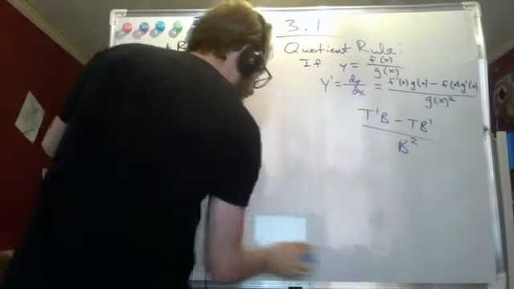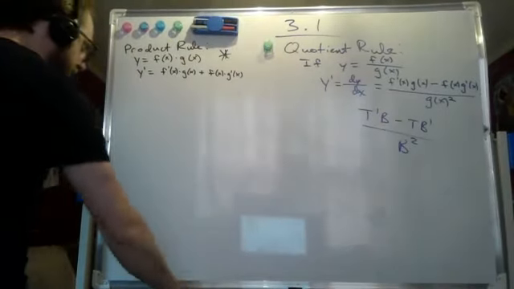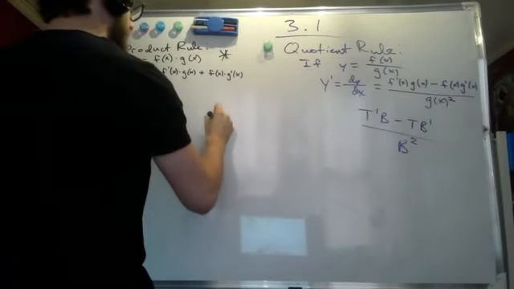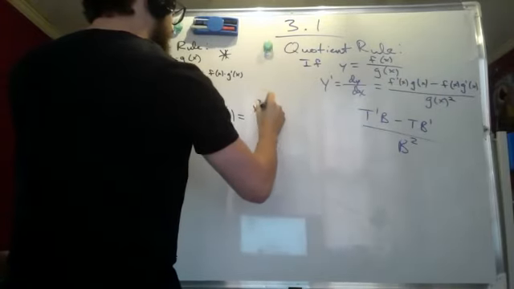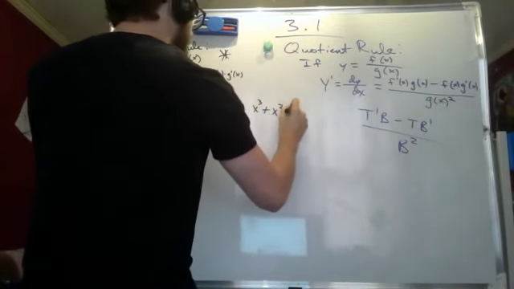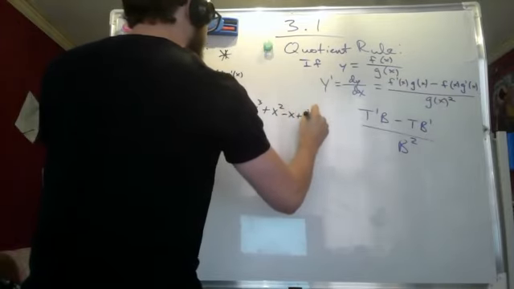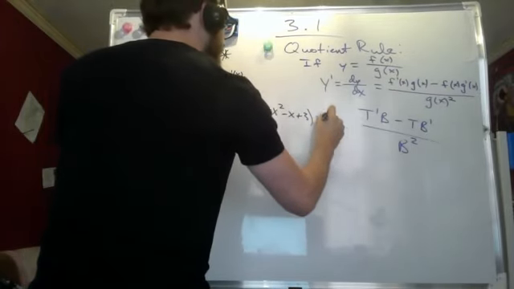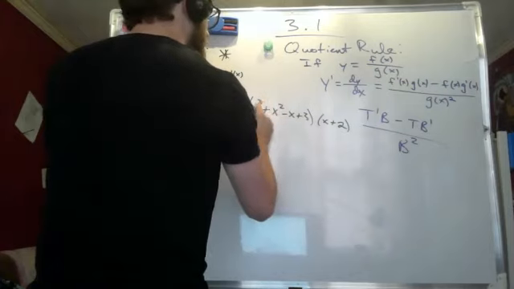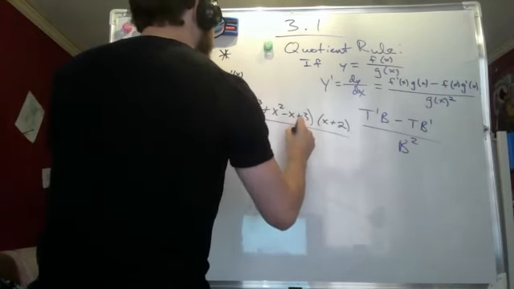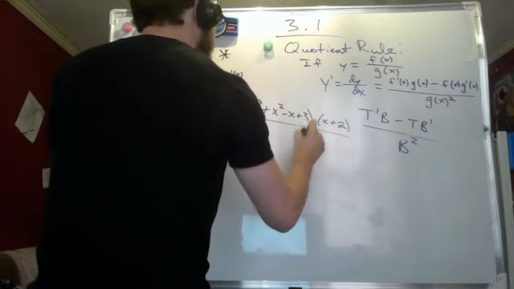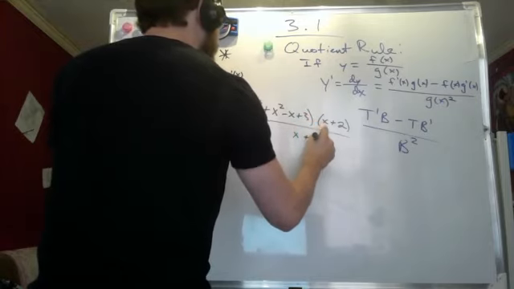Well, suppose you have a function that's something like f of x is equal to x cubed plus x squared minus x plus 3 times x plus 2, all divided by, let's say, x plus 3.